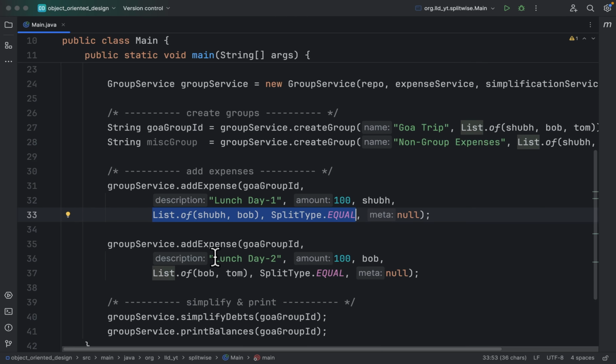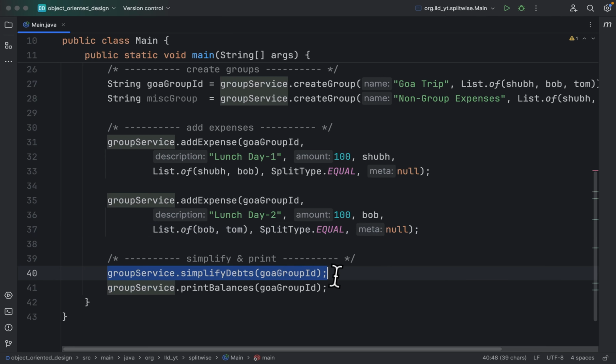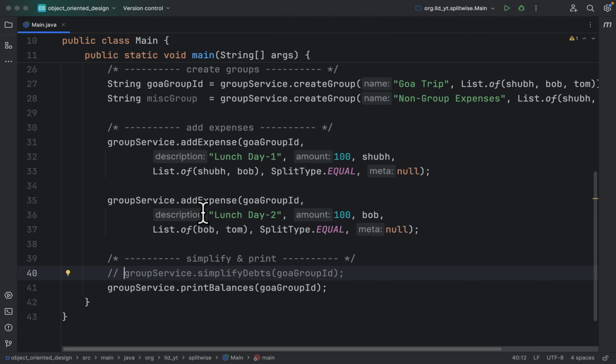Similarly, for lunch day two, the bill amount was again $100, and Bob was the one who paid that bill, and the list of participants were Bob and Tom, right? And then we are simplifying the debt and printing the balances. So let's do one thing. Let's comment this out and check the output.